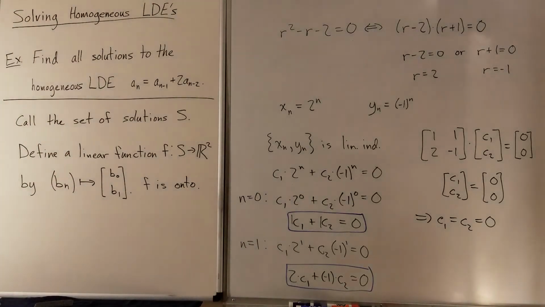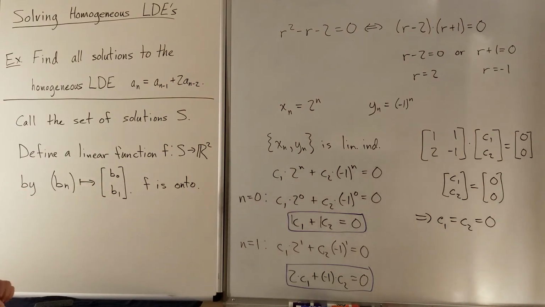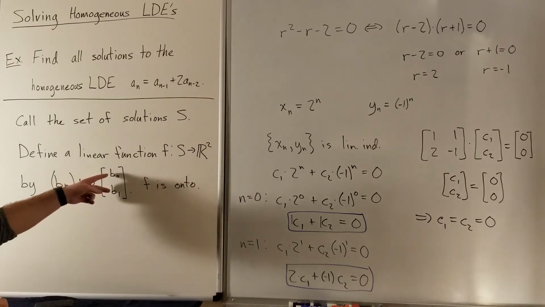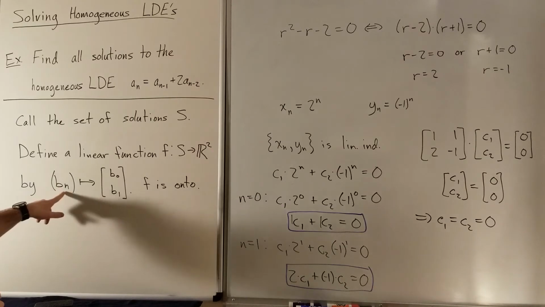Okay, how do I know that f is onto? Well, suppose I want to hit a particular vector here, b0 and b1. Well, I can just set the first two terms of the sequence to b0 and b1. How do I know that produces an actual sequence, bn?